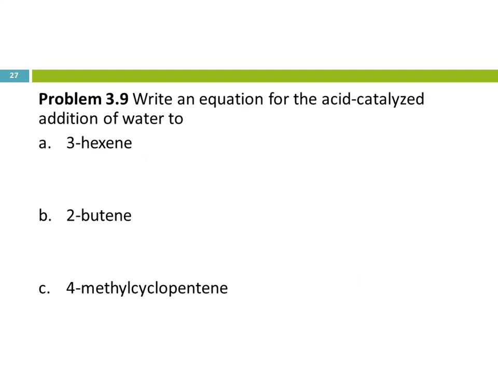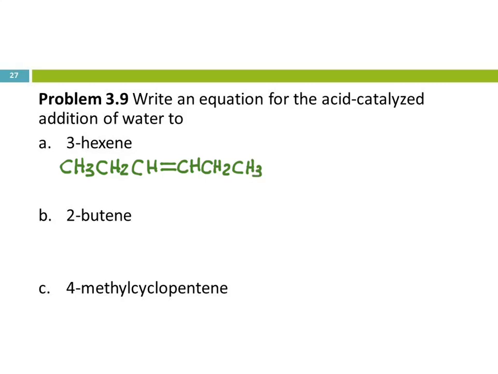Write an equation for the acid-catalyzed addition of water to 3-hexene. So 3-hexene, that's hexane with a double bond between the third and the fourth carbon. So CH3, CH2, this would be 1 CH, there's the third carbon, double bond, 4, 5, 6.